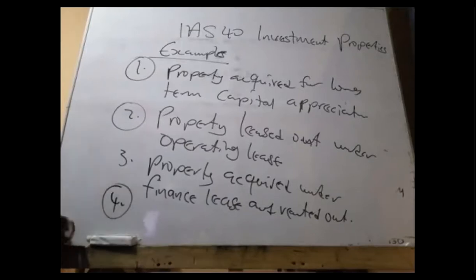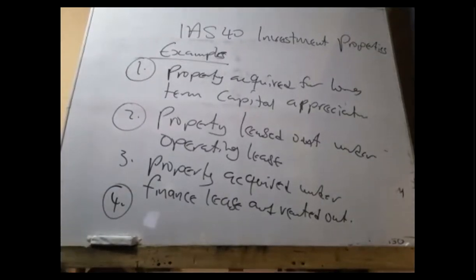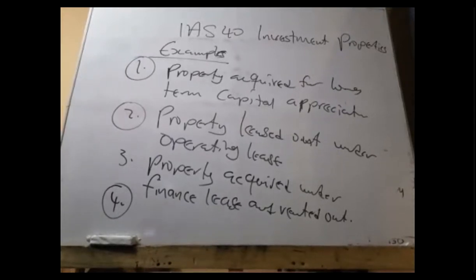Number 4 is very tricky. Let me explain this, and then friends online, you tell me how to treat this. We have a property. You are an accountant in the company, and you have constructed a new office, a new building.